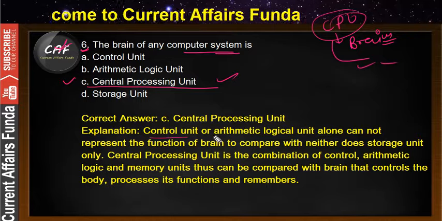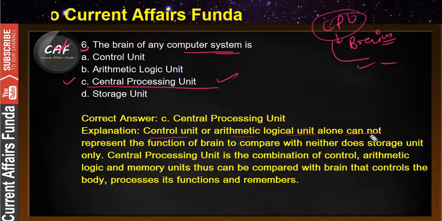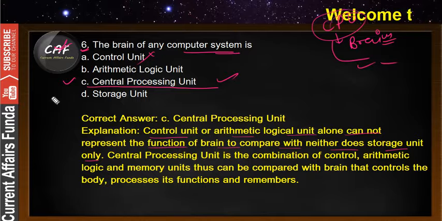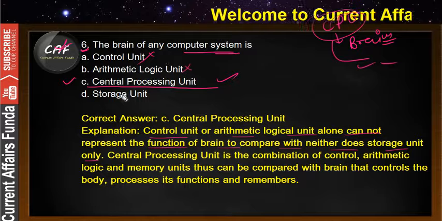Control unit or arithmetic unit alone cannot represent the function of a brain, neither does storage unit only, because control unit is a part of the CPU. That's why this will not be your option, and arithmetic logic unit individually will not be the right answer.